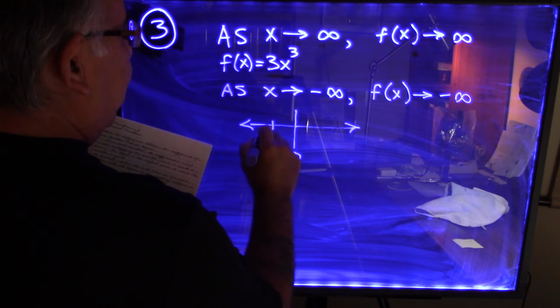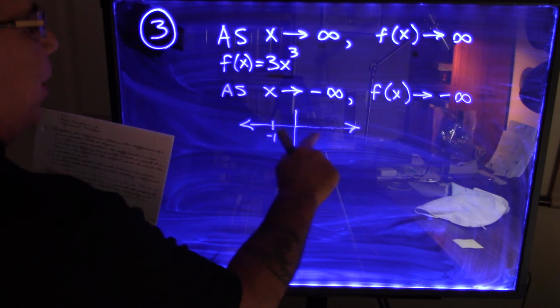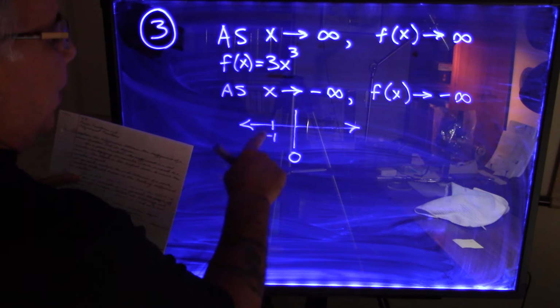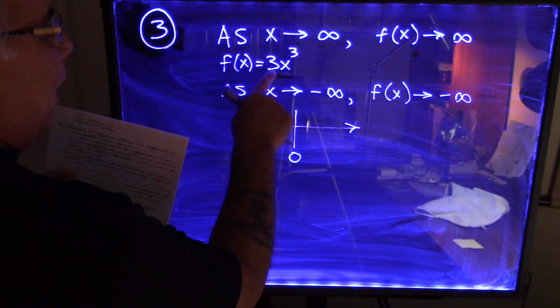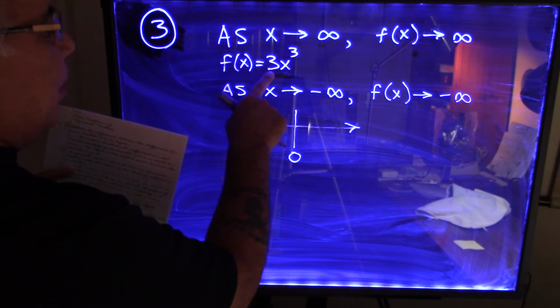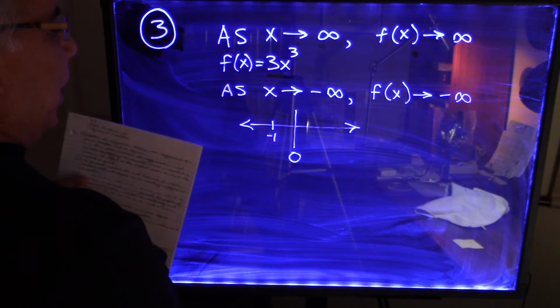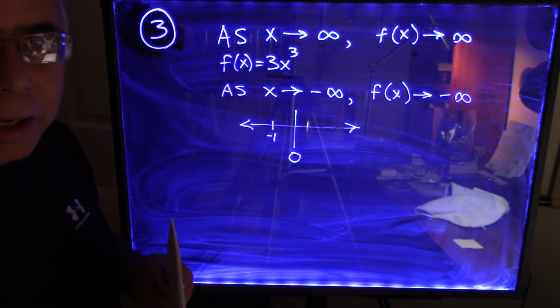And you have negative numbers going to the left, positive to the right. So as x goes this way, to the left, negative, negative cubed is still negative. Negative times positive is still negative, so that means f of x will go to negative infinity as x goes to negative infinity. All right, that's how that works.